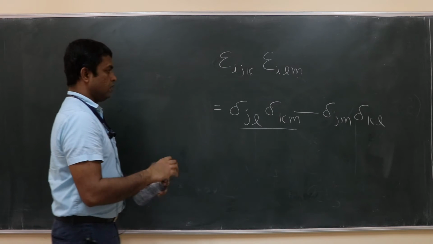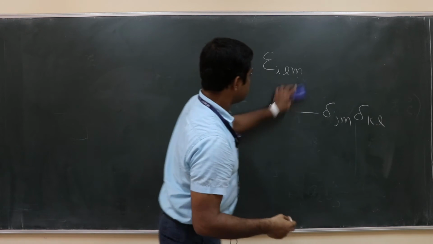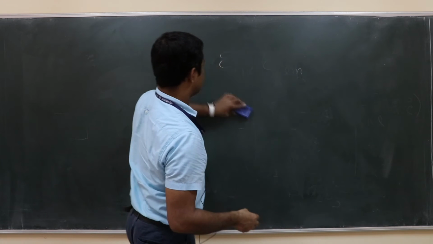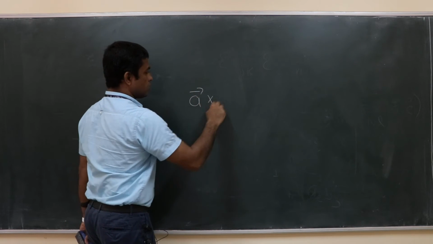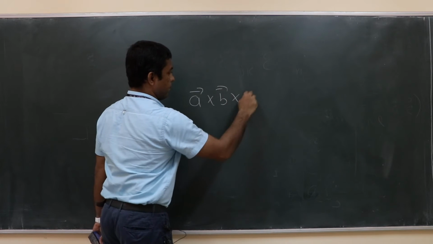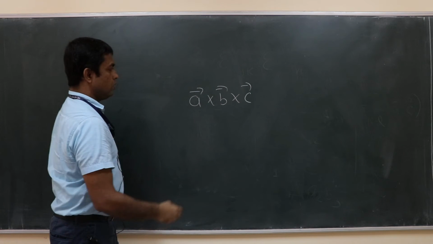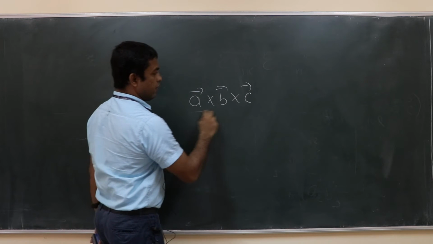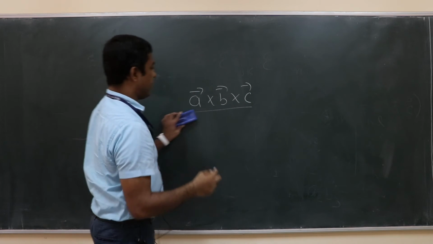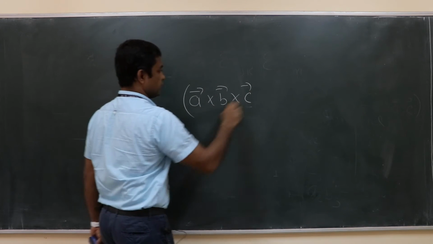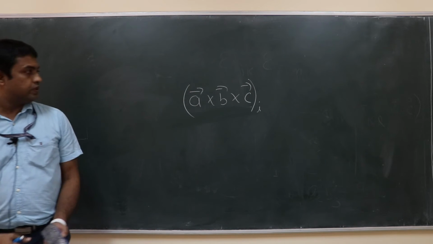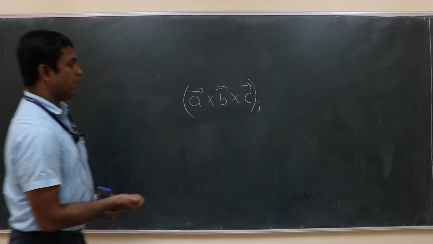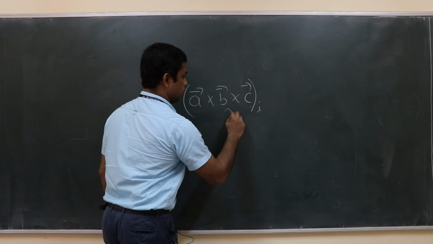So now I have to write down A cross B cross C. This is a vector, right? So I have to write down the ith component of this vector. You club B and C together.